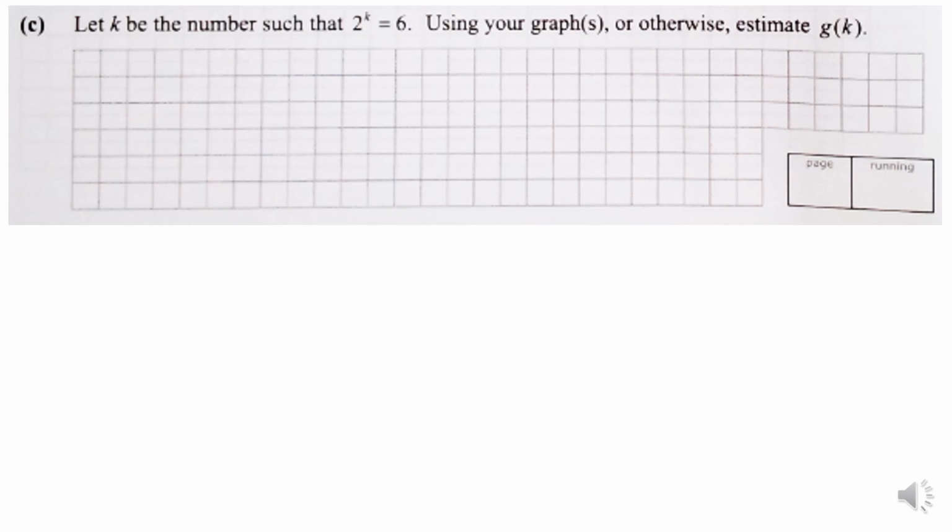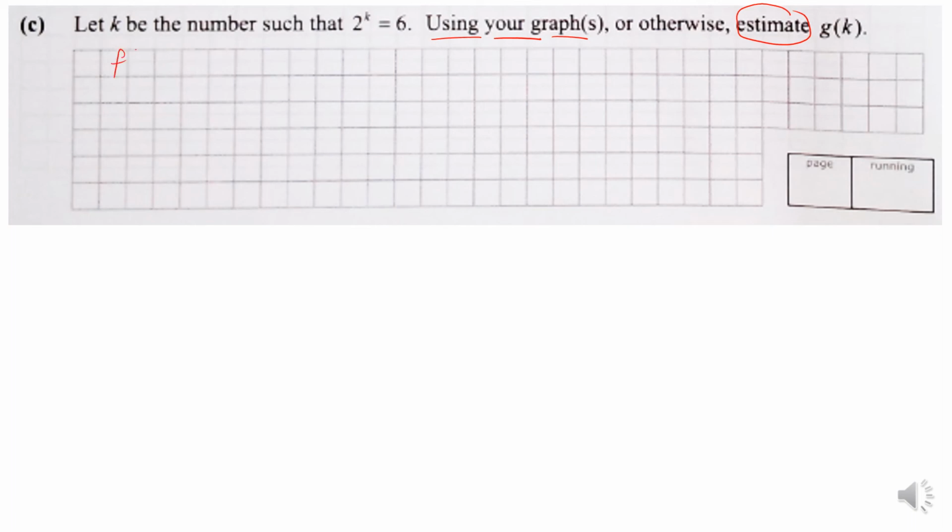Now part C, let k be the number such that 2 to the power of k equals 6. Using your graphs or otherwise estimate g of k. Okay, so we can use our graph, or we can do it otherwise, but if it says use our graph and the word estimate is used, I'd be using my graph. Okay, so firstly we're asked to find k, and here they have 2 to the power of k equals 6.